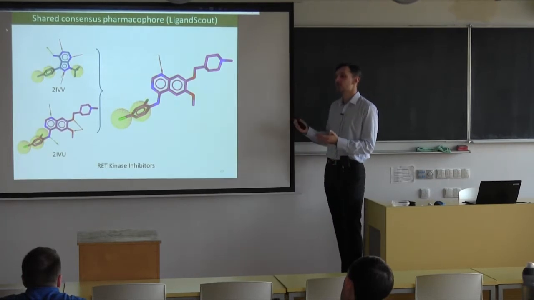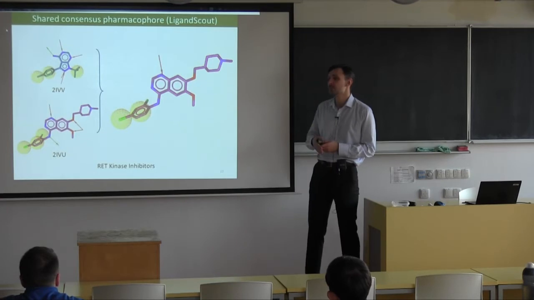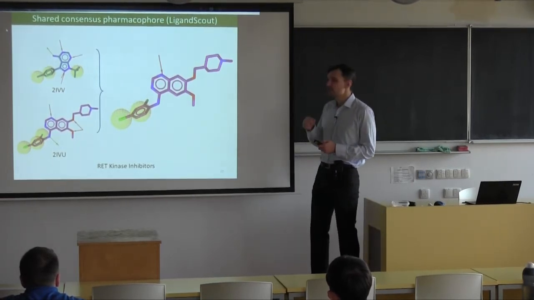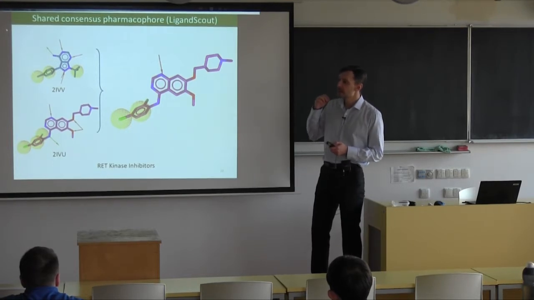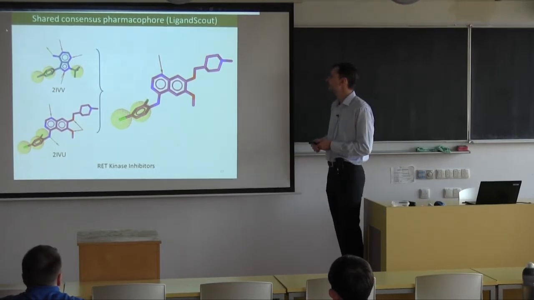This can be useful for generalization because sometimes pharmacophore models, especially those derived from the structure-based representation, can be very specific, because they can detect a lot of contacts which are maybe not so important for ligand recognition and binding.